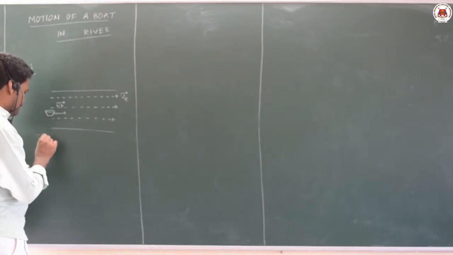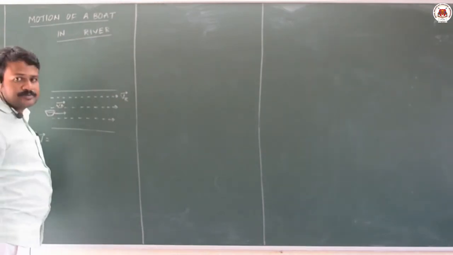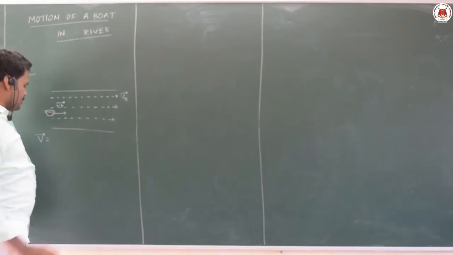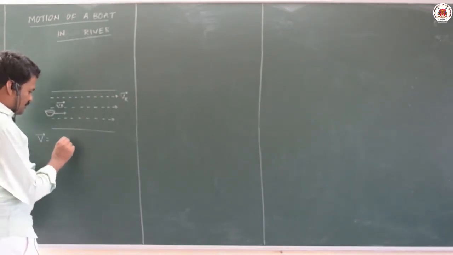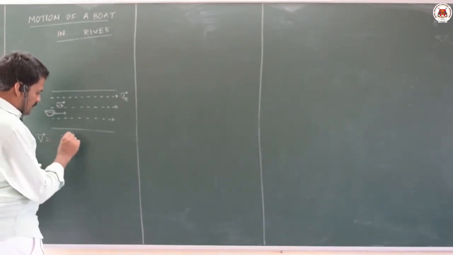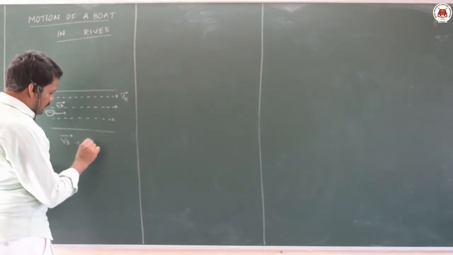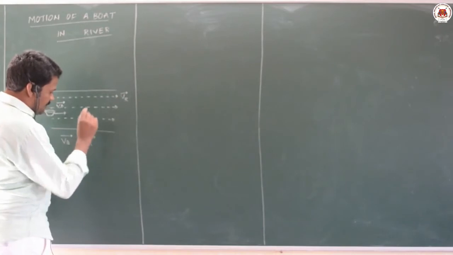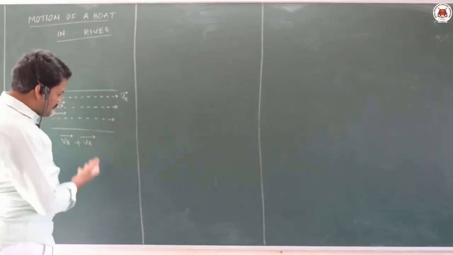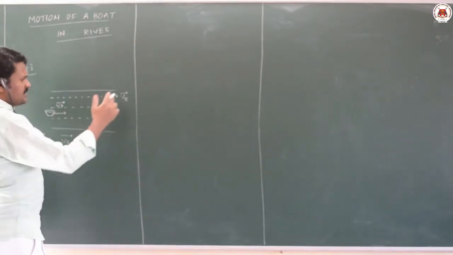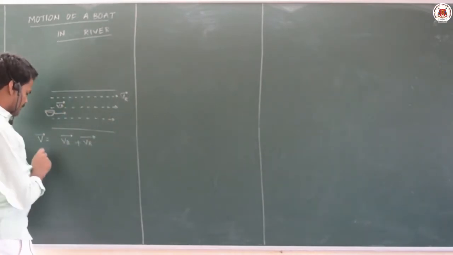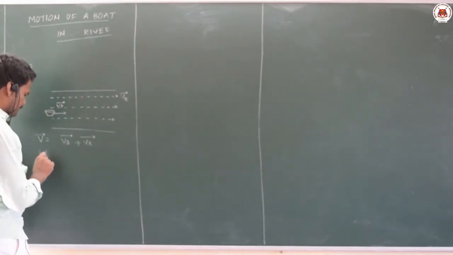Net velocity of the boat, the resultant velocity of boat, is equal to velocity of boat plus velocity of river. This is an example for an application of addition. Now, what is the angle between these two? Magnitude you can calculate.